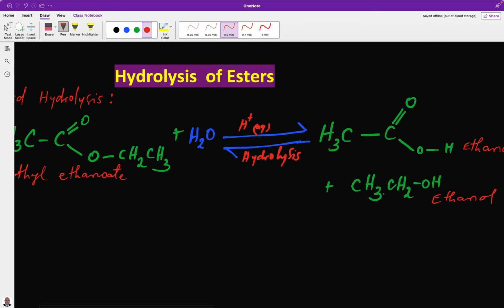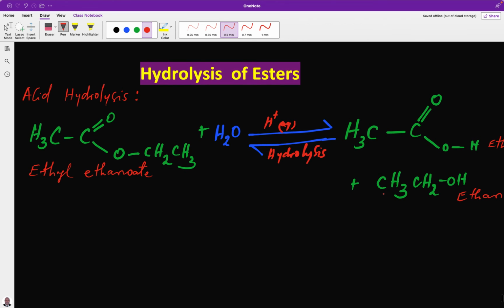So we are indirectly saying that acid hydrolysis of an ester will result in a reversible reaction where an equilibrium is established.